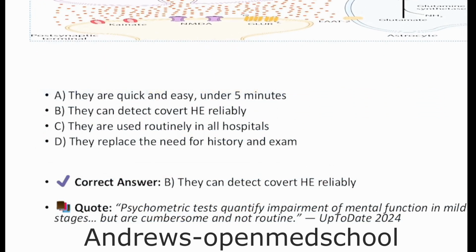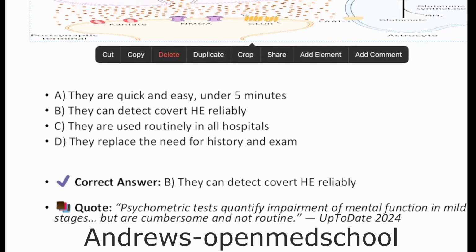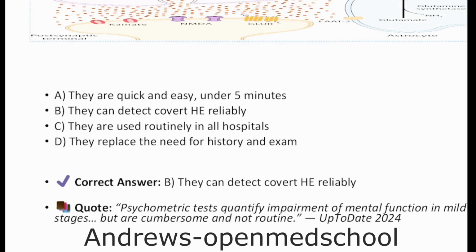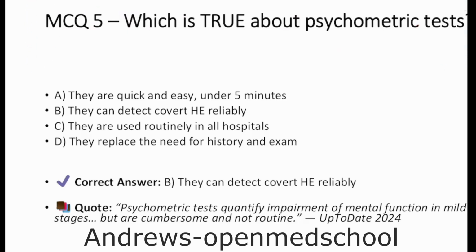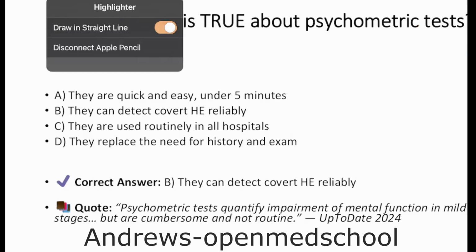They can detect not overt but covert hepatic encephalopathy. Last time I mentioned hepatic encephalopathy is divided into overt and covert. So mild and covert hepatic encephalopathy is detected by psychometric tests.